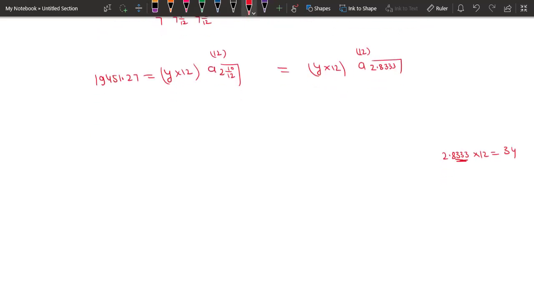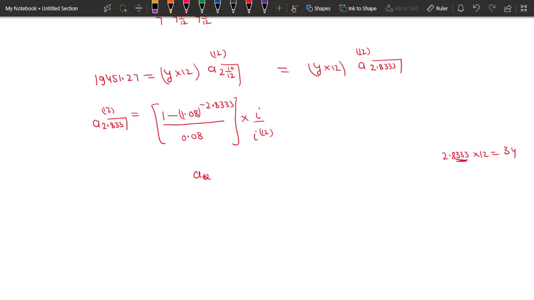So this way you can calculate the value, and the value of y will be equal to y into I upon I12. Okay, so this is the value of A 2.833, and this is I upon I12.